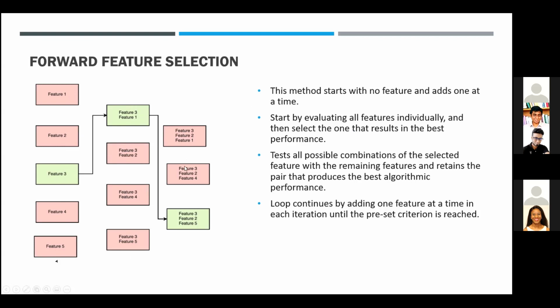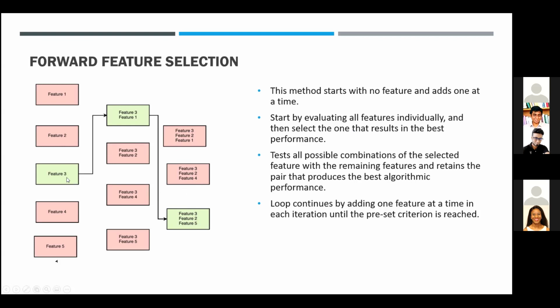After that, it goes again for the remaining ones. Here I think I made a mistake, but it's supposed to be with 1. So 1 with 2, 1 with 4, and 1 with 5, and from here you get the best combination for the 3 if it's 3 out of 5.